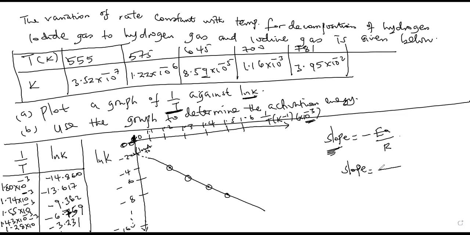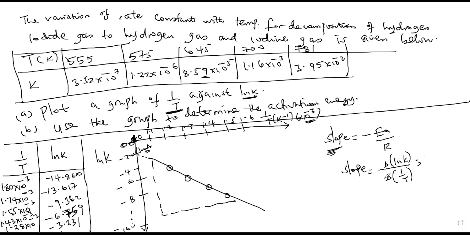After determining the slope, you equate it to this expression. The slope is equal to the change in ln K out of the change in 1 over T. So you draw a slope triangle, get different values, and you get the slope.